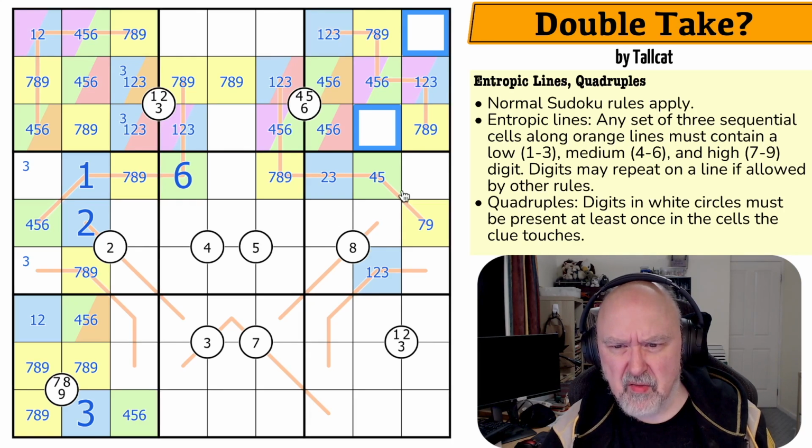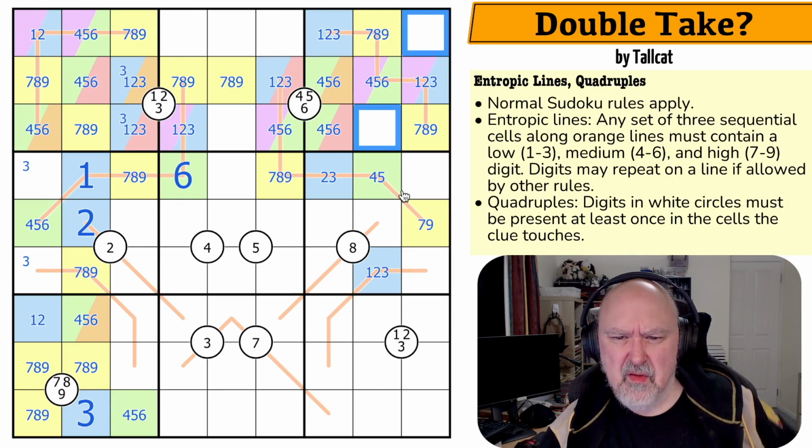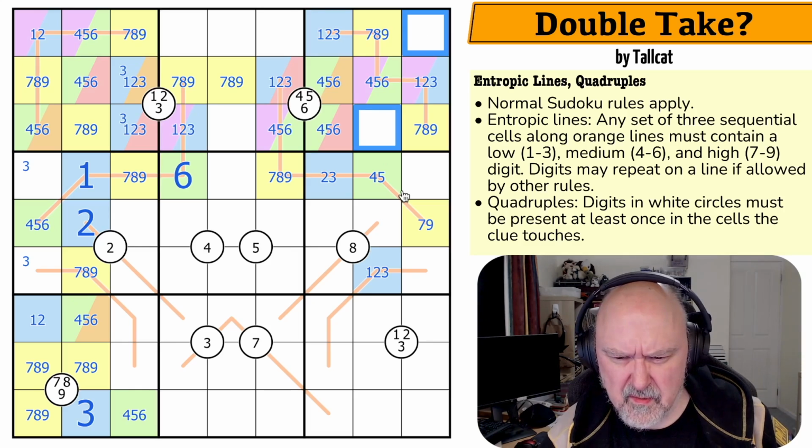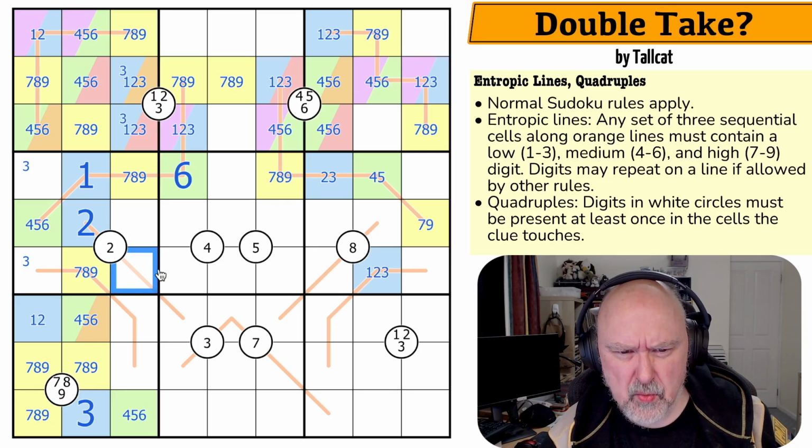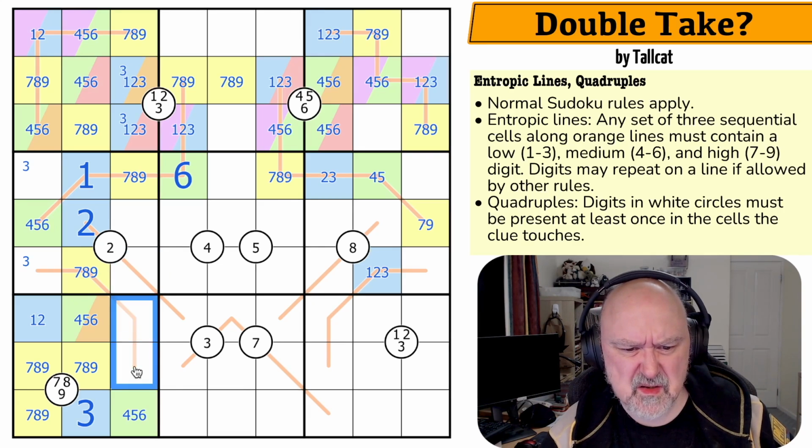I am putting a low and a high in here, though. This completes low or high. Sorry, no. If this is high, now that works because this is a low and a medium.